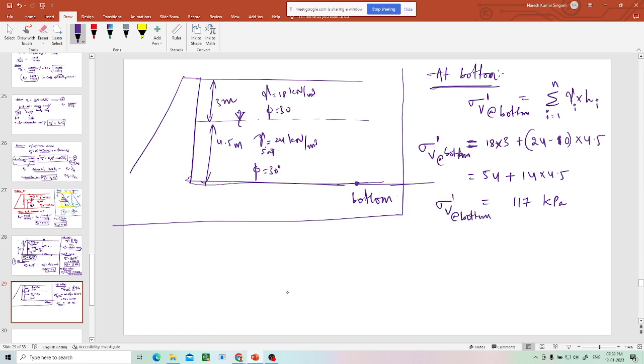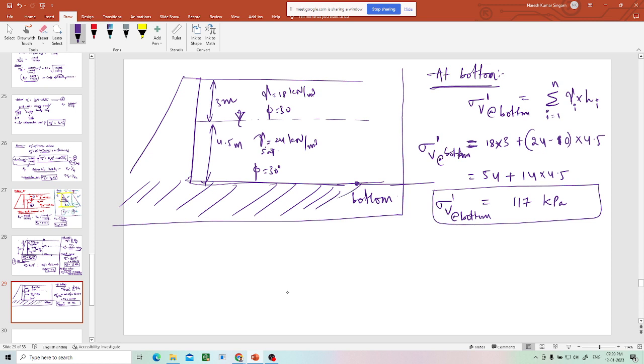Now you have got sigma V at the bottom. Is there anything to calculate just above, just below? This is already ground base. The retaining wall starts from here. Is there any just-below value? No, because there is no other layer. It's just bedrock, and there is no pressure coming from this soil onto this retaining wall.